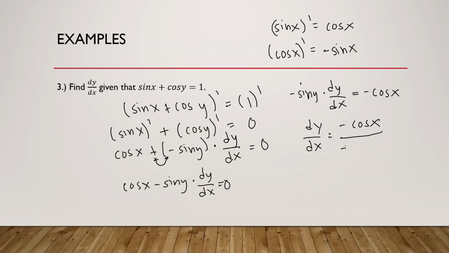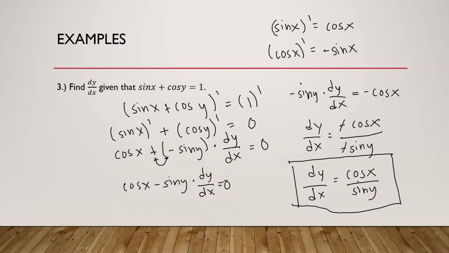So, bale, yung negative sine y pala ay nasa denominator. So, bale, since both are negative, so cancel. So, the final answer is cosine x over sine y. Okay, so this is the final answer for this equation.